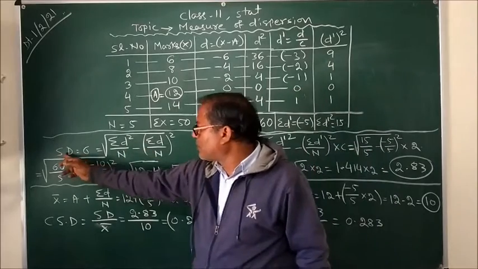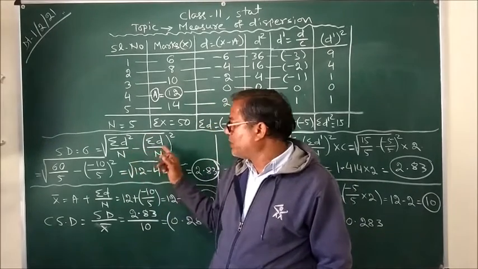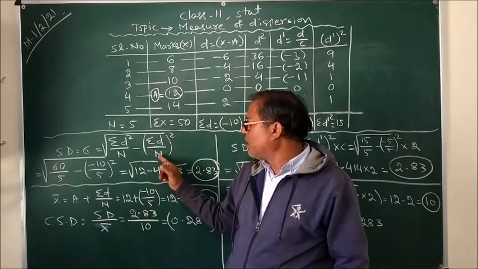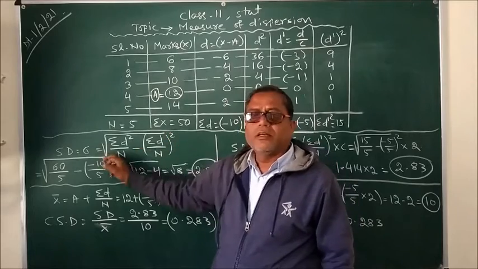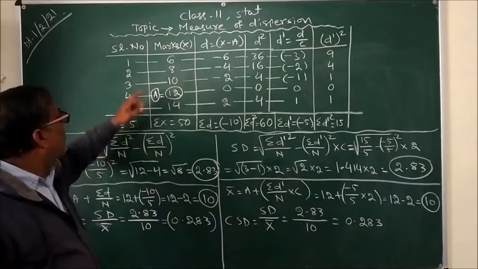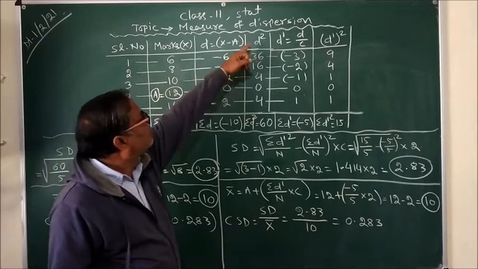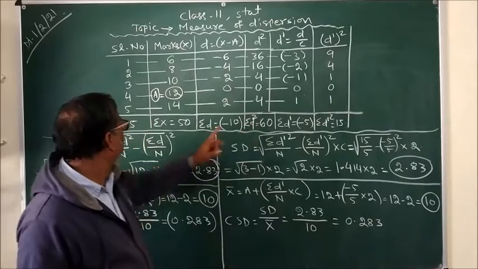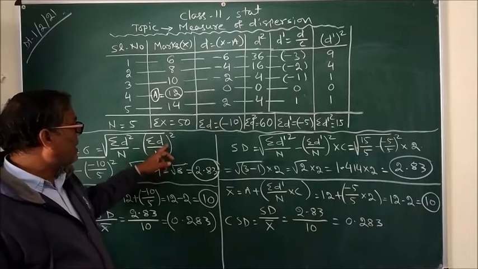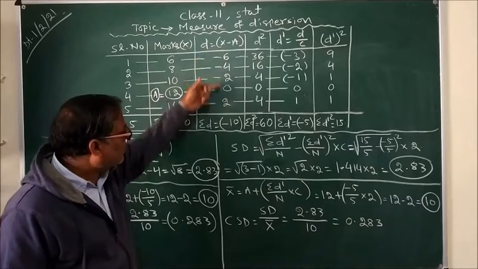So first, calculation of standard deviation using the shortcut method. We need to use this formula: standard deviation is the square root of summation d square upon n minus, summation d upon n, the whole square. For this requirement, we need to find summation d square, n is 5, already given, and summation d by n's whole square, and for this we need to find summation d.